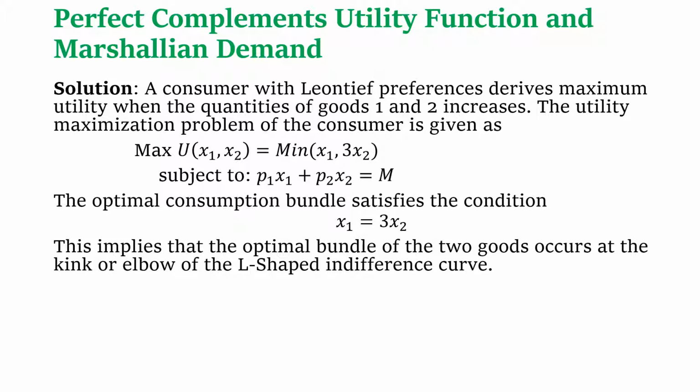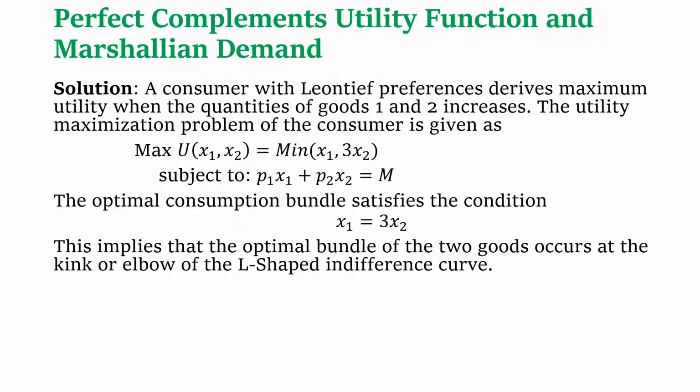So now the utility maximization problem here is what? Maximize utility equals min of x1, 3x2 subject to p1 x1 plus p2 x2 equals M. Now the optimal consumption bundle satisfies the condition x1 equals 3x2, right? So all we need to do is to say x1 here equals 3x2. That's it. That is the condition.